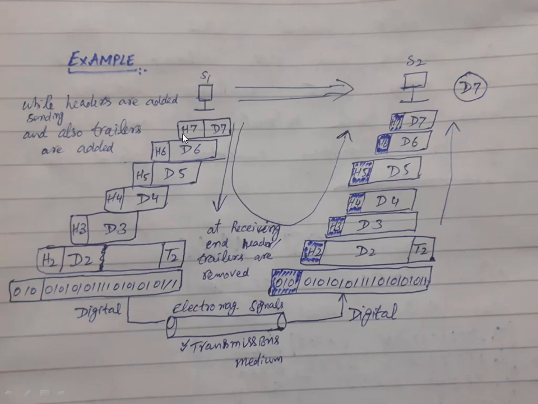The header 7, when the data is sent from system 1, it contains headers and data. This application layer transfers the headers and data to the presentation layer, then the presentation layer transfers to the next layer, and the next layer transfers to the next layer, and so on. This whole process is being executed.